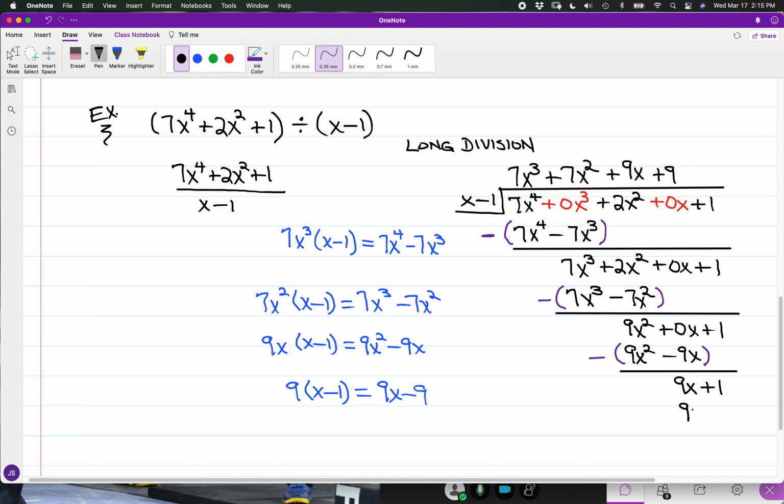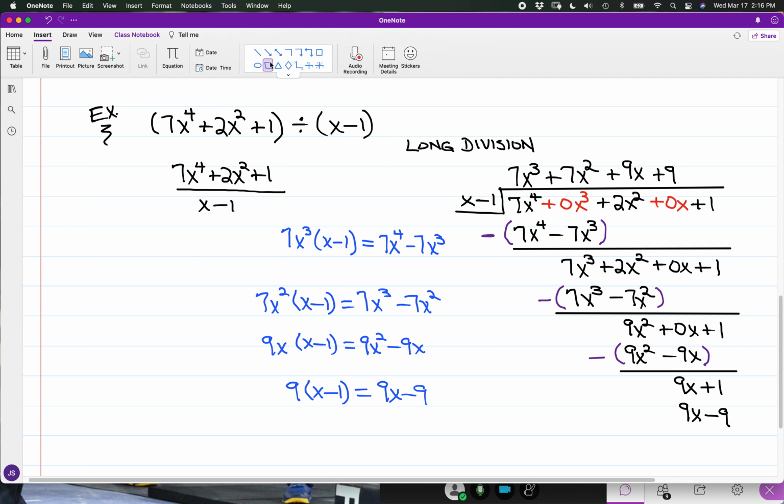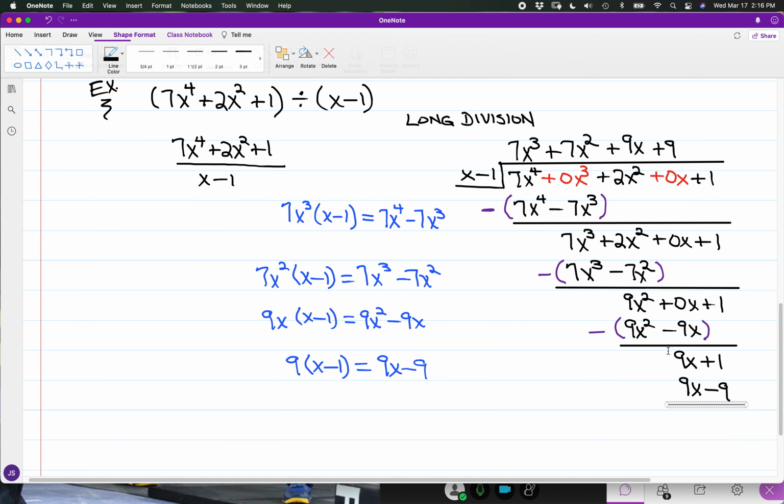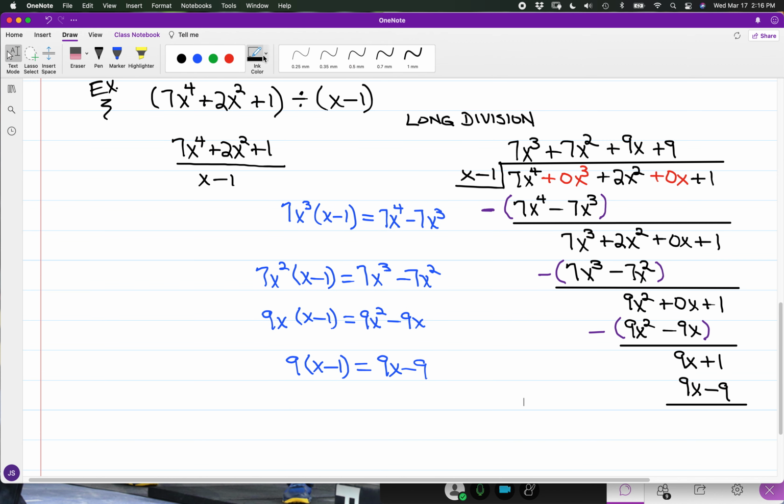And with this remaining round, with the long division, and subtracting once more. Okay, so you have 9x minus 9x. This will go out. Now we have 1 minus negative 9.